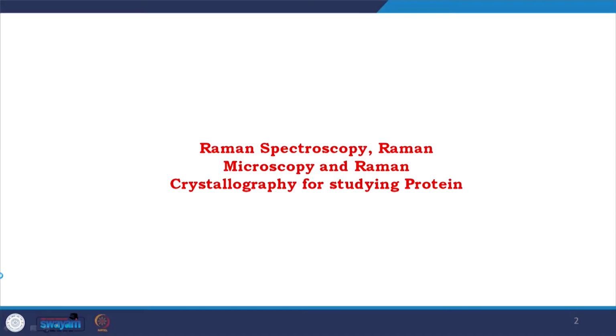I personally have worked with it, and Raman crystallography is amazing and very novel, because by using this technology you could trap a live reaction. I repeat, you could trap a live enzymatic reaction. So, let us start Raman spectroscopy, Raman microscopy, and Raman crystallography for studying protein.